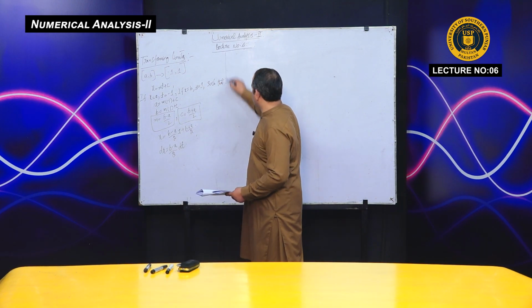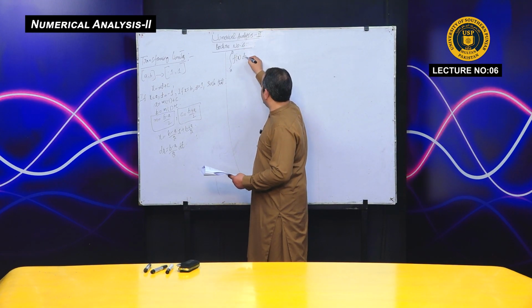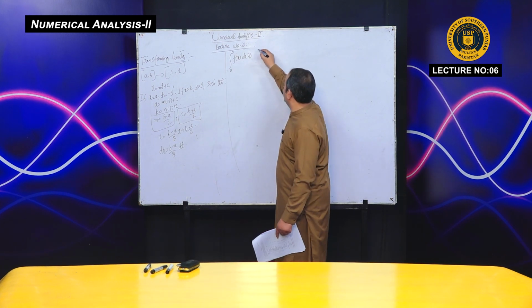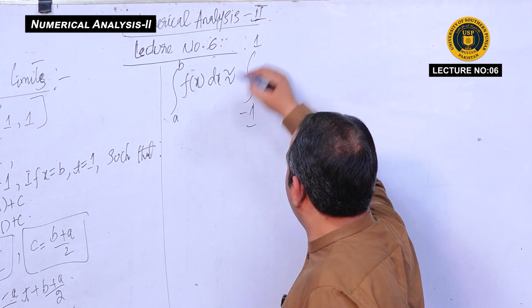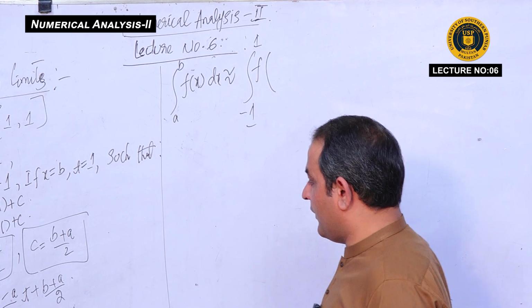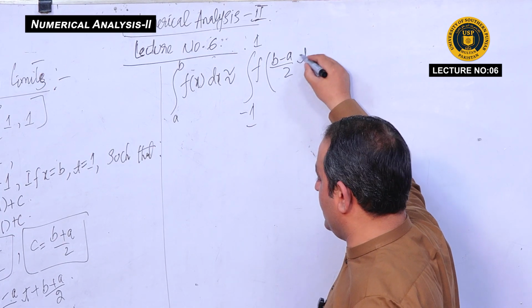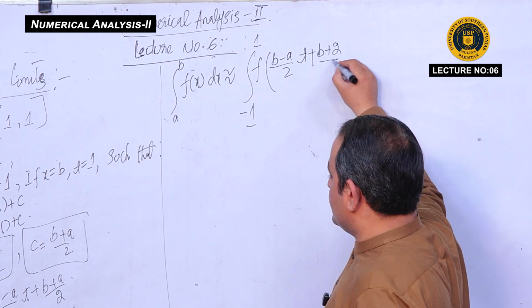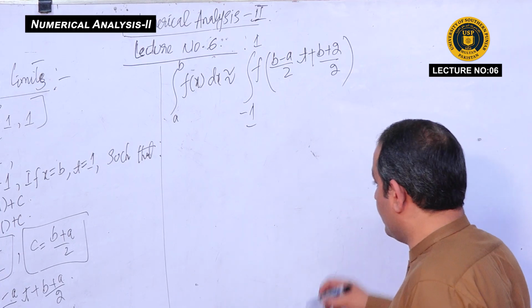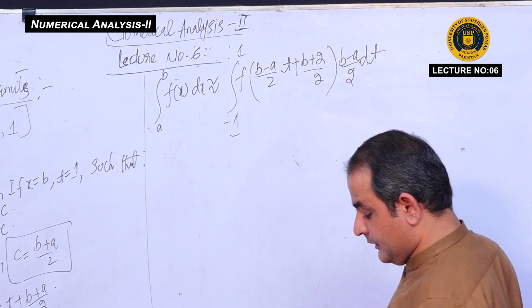So you have the integral from a to b of f of x dx, which will be equal to the integral from -1 to 1 of f of ((b minus a) over 2 into t plus (b plus a) over 2), into (b minus a) over 2 dt.